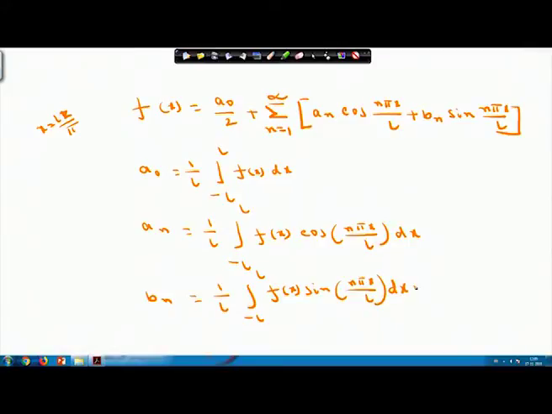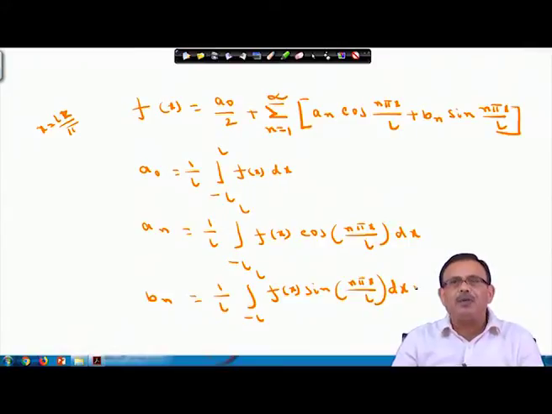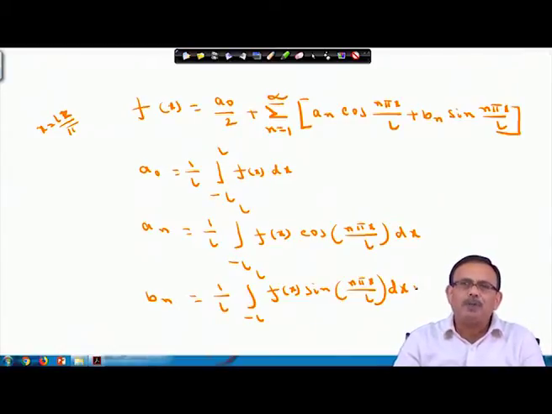Therefore, please note this one, the earlier Fourier series whatever we have defined, that was for minus pi to pi.